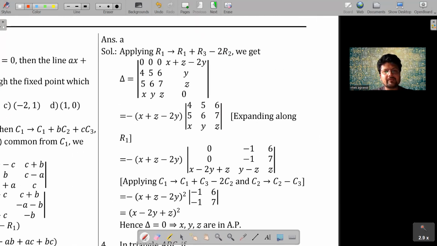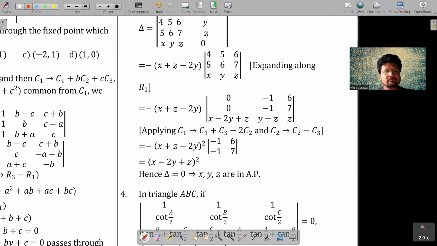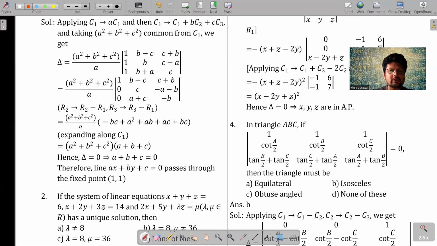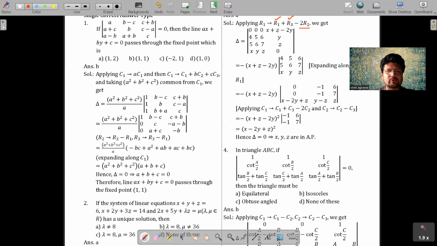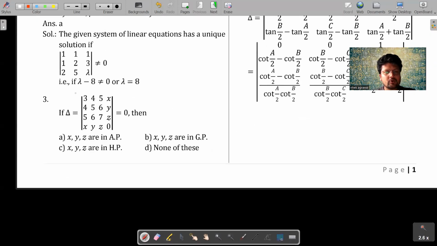First of all, row number 1 plus row number 3 minus 2 times row number 2. What we are doing is row number 1 plus row number 3 minus 2 times row number 2, and it happens in row number 1 itself.